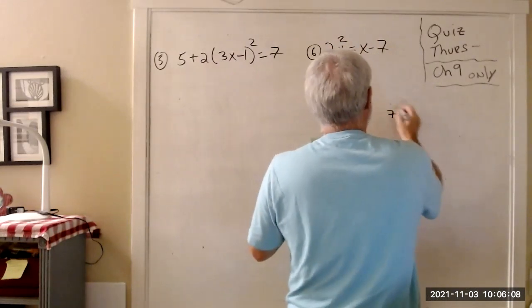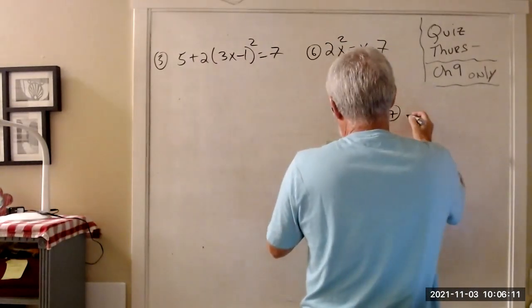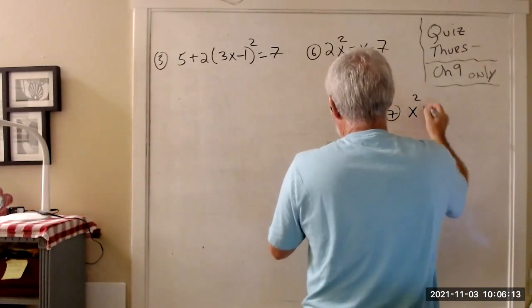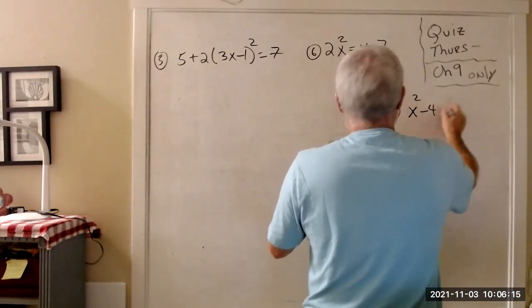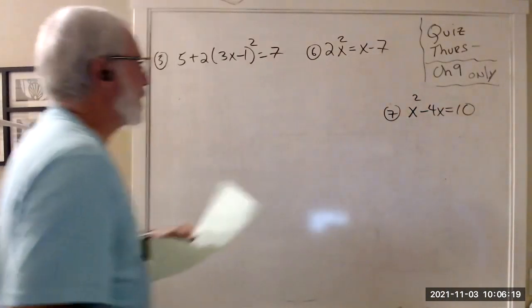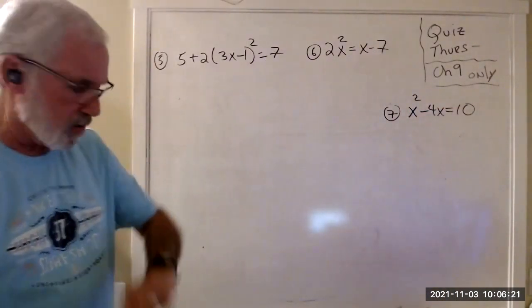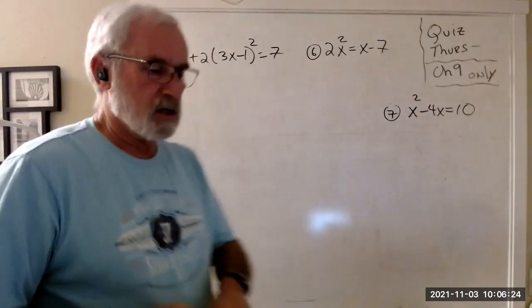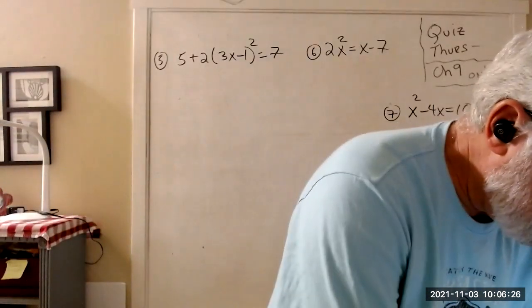And number 7 is going to be x squared minus 4x equals 10. So let's pause the video, give you guys some time to work on that.